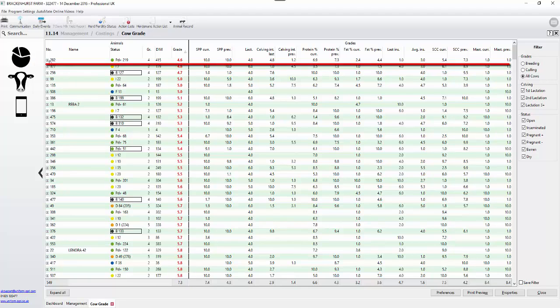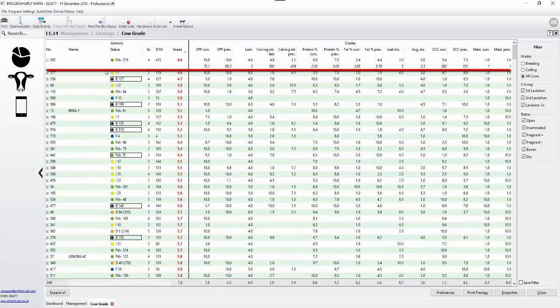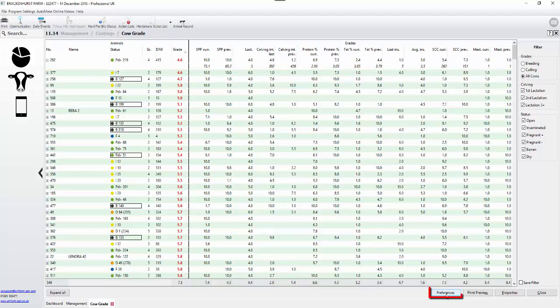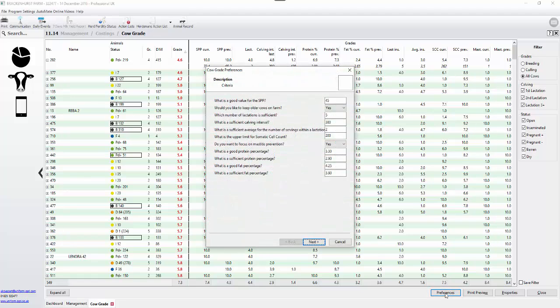Now, if I expand it here we can see her production, and her production actually is really good. She's a third lactation animal. We can see the calving intervals, and what I need to explain next is how we actually come to get these scores. You need to go to preferences, and here you can put in the figures that you want, what is acceptable for you.